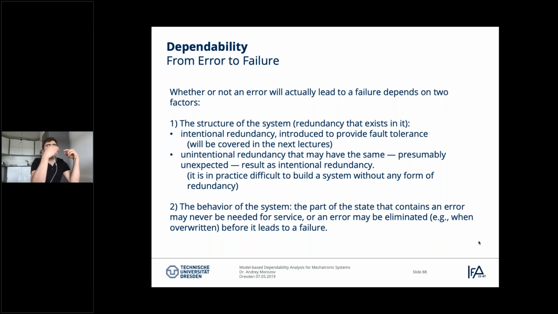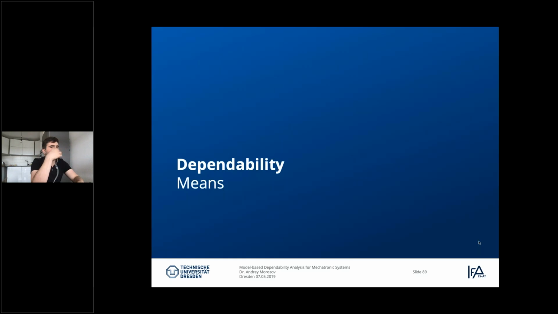If we provide some erroneous reading between these 10 milliseconds, it just will not be used. We have an error in the system, it's inside, but it has not propagated to failure. And we can call this error masking.